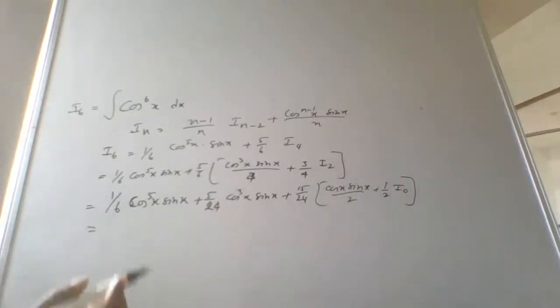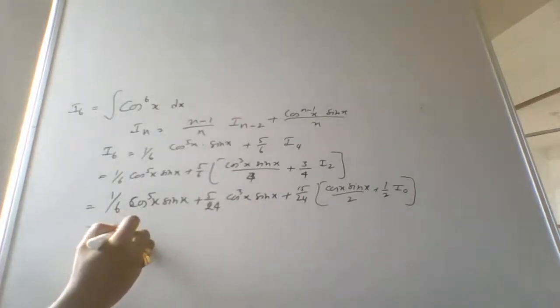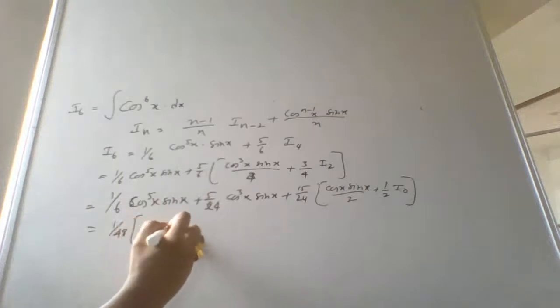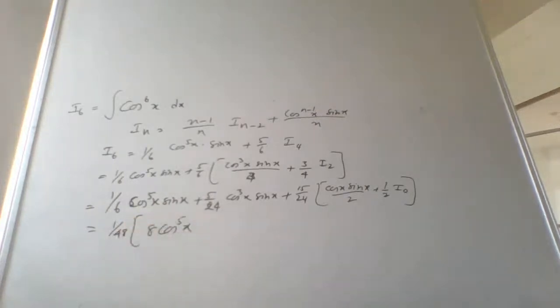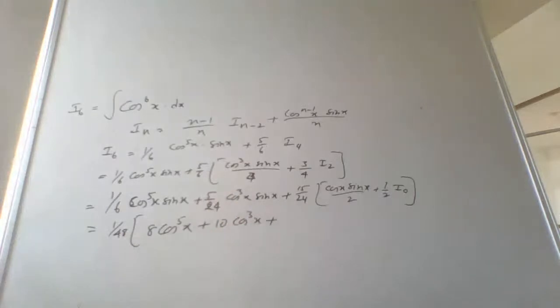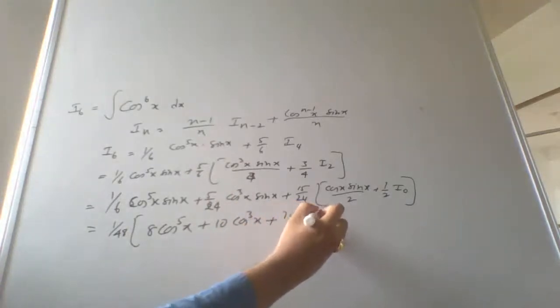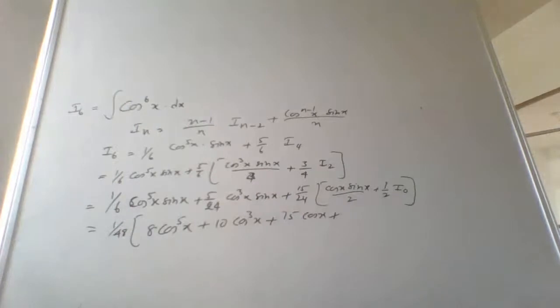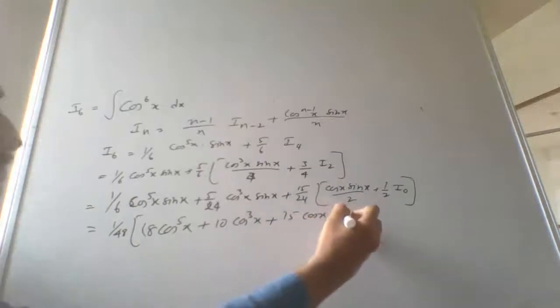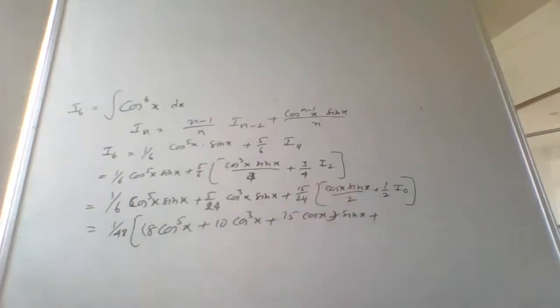Further, if I simplify on the whole, I get 1 by 48. If I try to simplify it, 1 by 48, 8 times cos power 5x plus 10 times cos cube x plus 15 times cos x, and this would be multiplied with sin x, plus I'll have 15x.